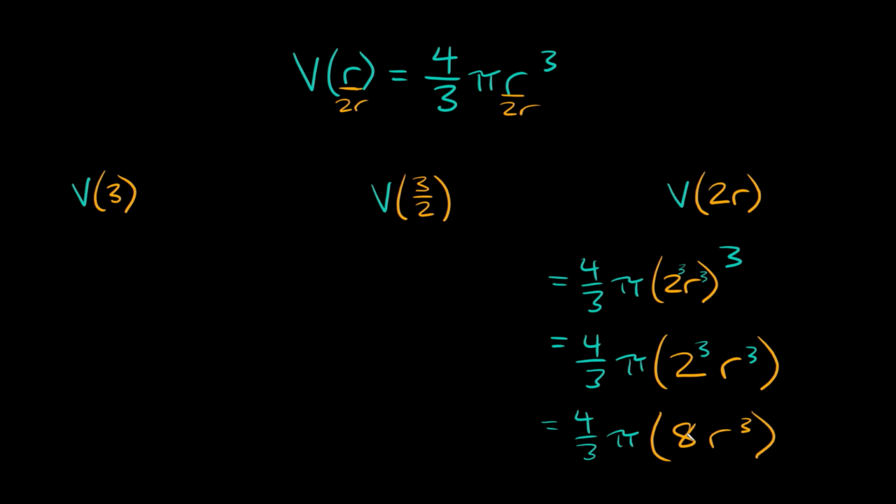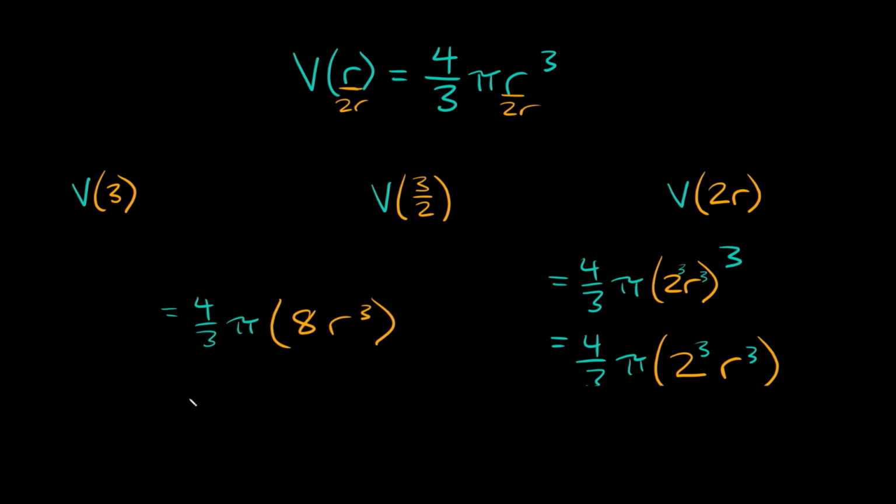All right, so now that we applied the exponent to what's inside this set of parentheses, we can basically just drop it. So then why don't we just move this guy over here? So we can rewrite this as 4/3 times pi times 8r cubed. Now, just multiplying straight across, on top we have 4 times pi times 8, so 4 times 8, that's equal to 32, and 32 times pi is just equal to 32 pi, right?